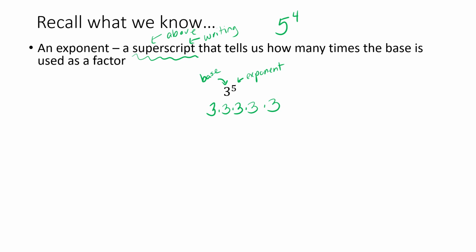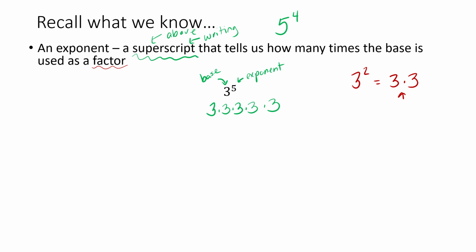The other vocab word in there that you might be thinking, ooh, factor, I've heard that before. Factors are things that are multiplied. Sometimes I've defined this as the exponent tells you how many times something is multiplied by itself, until I had a student call me out on the fact that that was a bit sloppy, because they said if you've got, say, 3 to the 2nd power, the multiplication is actually only done once.